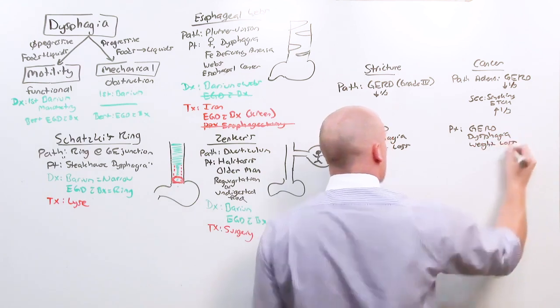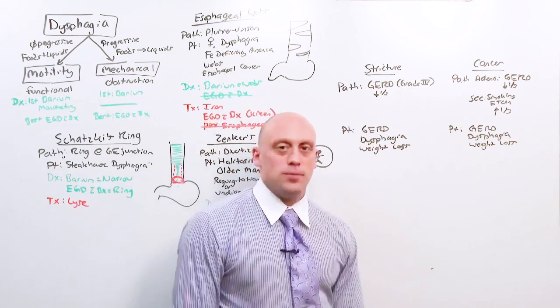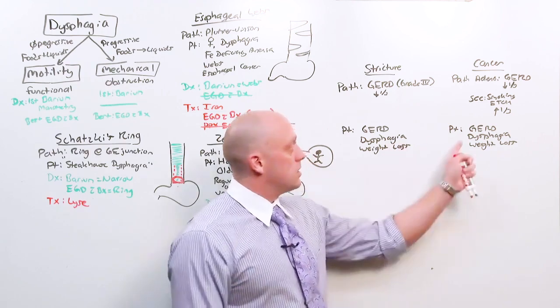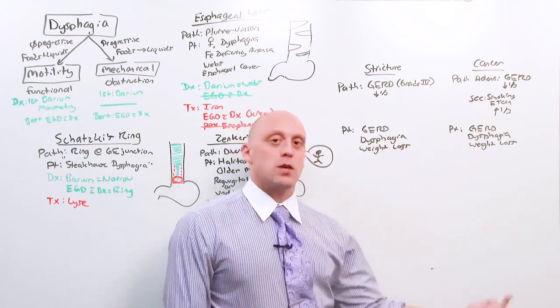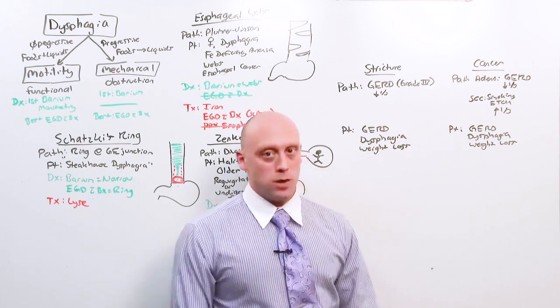So you can't tell the difference between really bad GERD and the development of adenocarcinoma. Generally, what will happen in the case of cancer is you'll have transformation to a Barrett's esophagus, so their GERD symptoms will go away, but that's not reliable.